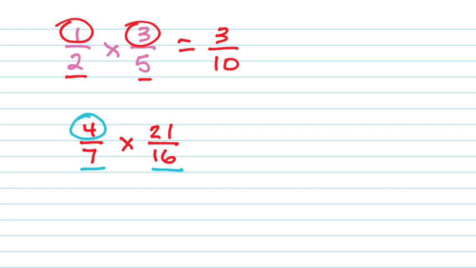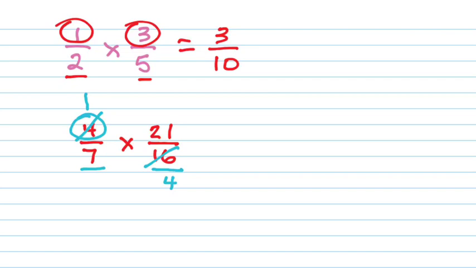Okay, Millie? So 4 divided by 4 will leave me a what? A 1. Anything divided by itself. And Millie, 16 divided by 4 leaves me with a what? 4. Right? Now, they were in different fractions. Did that matter? No. Okay, good.